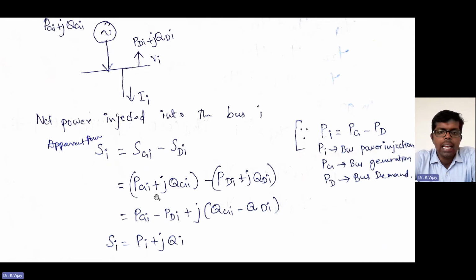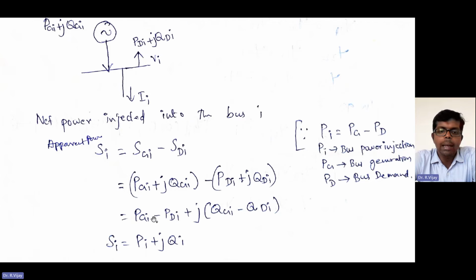So SGI is a combination of real power and reactive power, and SDI is also a combination of real power and reactive power. So here the apparent power is PGI plus j into QGI minus PDI plus j into QDI. Simplifying, you take this alone and this alone.